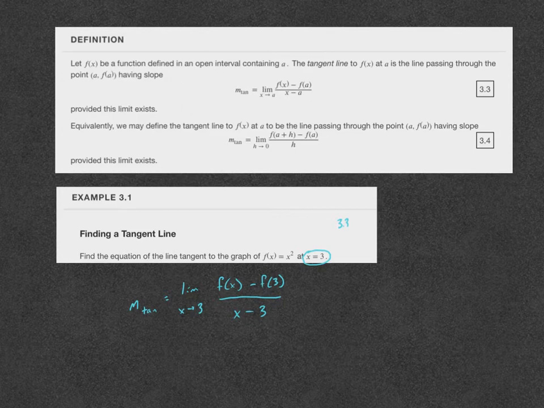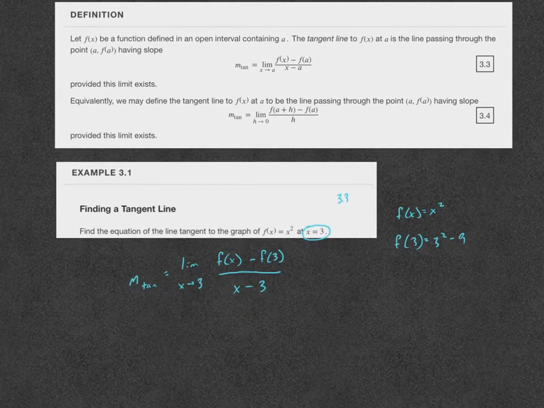Now the function is f of x equals x squared. I'm going to find f of 3 because I need to use that in my slope formula. f of 3 is 3 squared, which is 9. So let's go on to our next step of this problem.